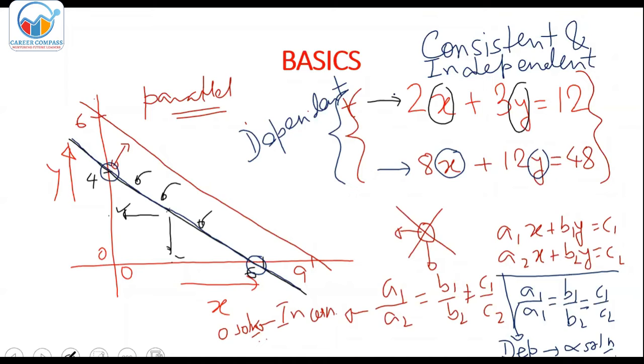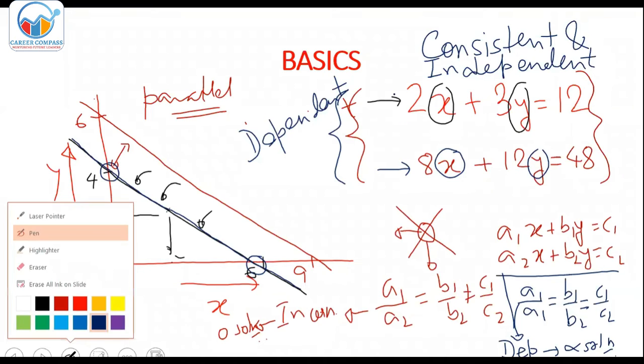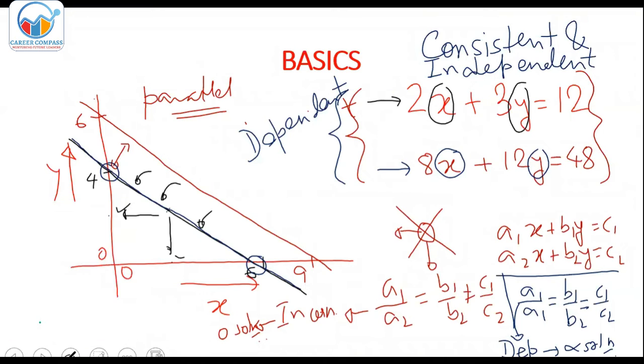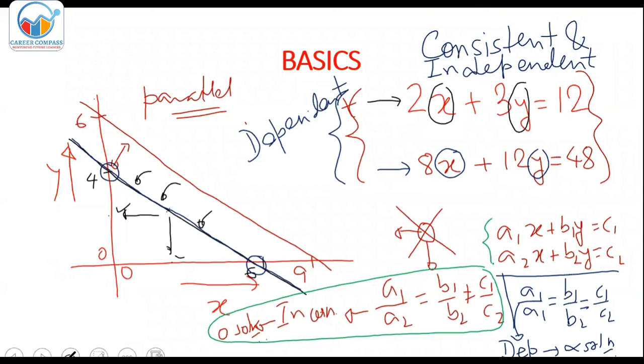So we are trying to find out in which cases can we find unique solutions. So there are two situations where we cannot find unique solutions. Situation number one is here. So given these two equations, if I have a situation where a1 by a2 equal to b1 by b2 not equal to c1 by c2, then these equations are inconsistent, and in that case you won't find unique solutions.